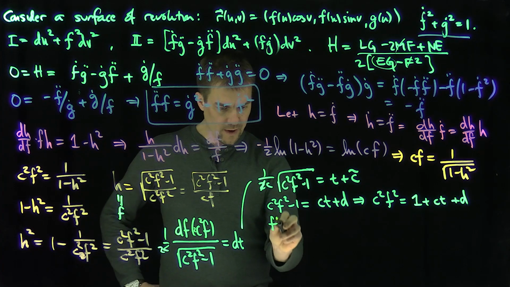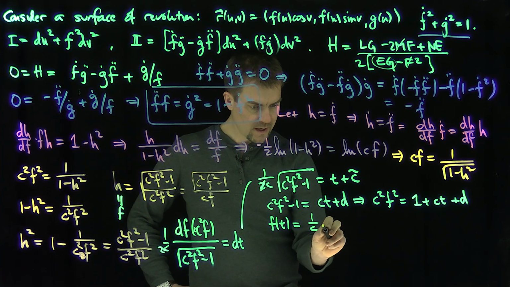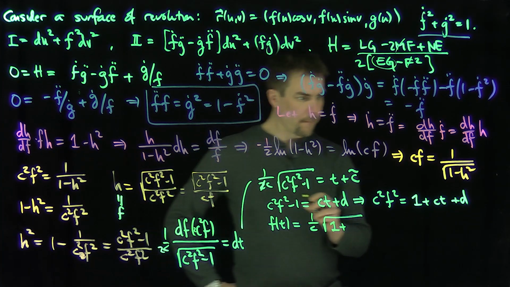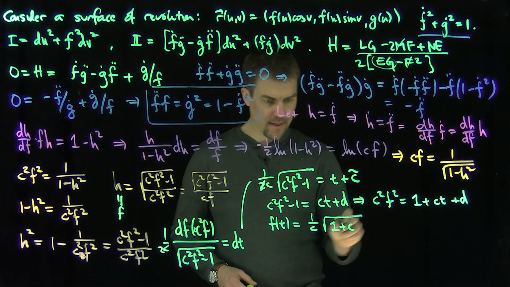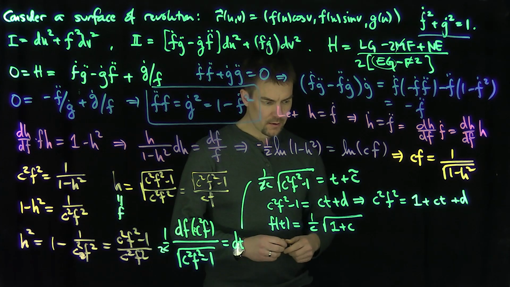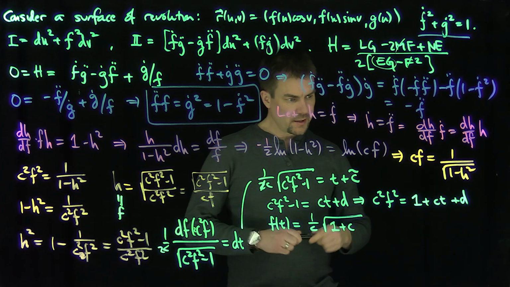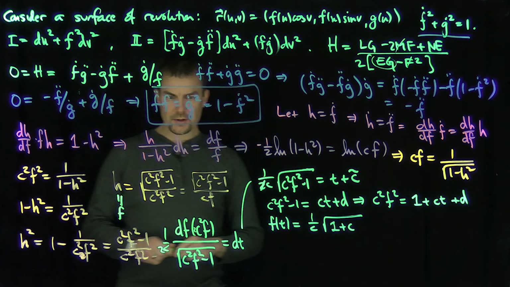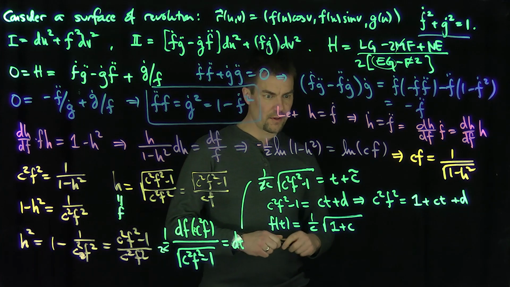I can conclude that f of t is equal to 1 over c times the square root of 1 plus (ct plus d) squared. And that should be a square root there, right? Good? All right. With plus ct, and then make sure all my t's are in the right spot over here. And that's a square everything over there.